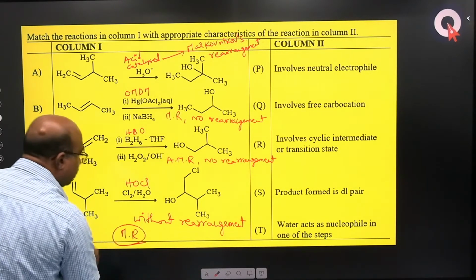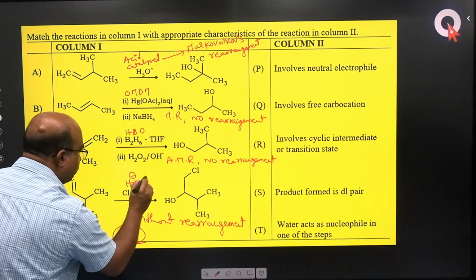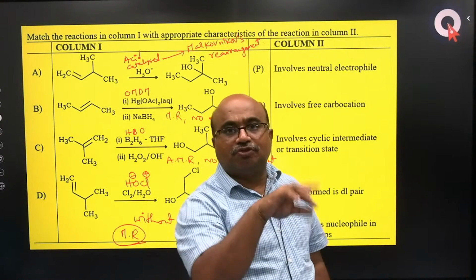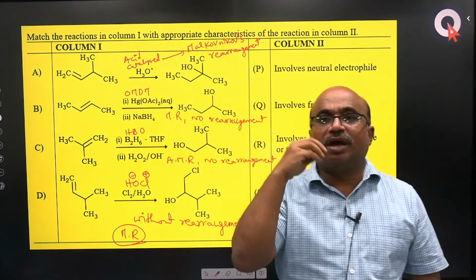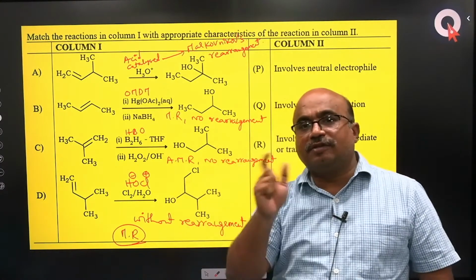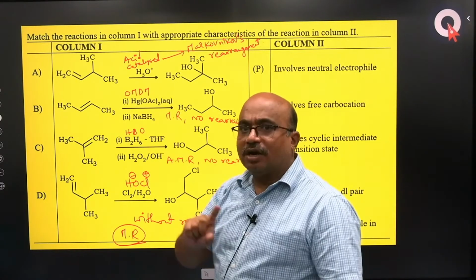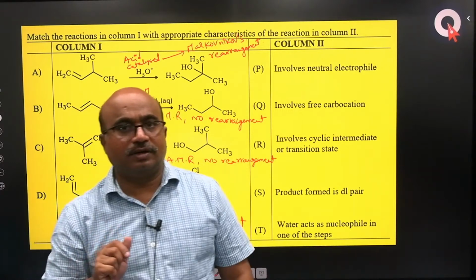So what is in this? OH minus and Cl plus type, because your Cl is an electrophile there in the HOCl because of the presence of empty orbitals. So we treat that Cl as Cl plus, not based on the electronegativities or anything like that.